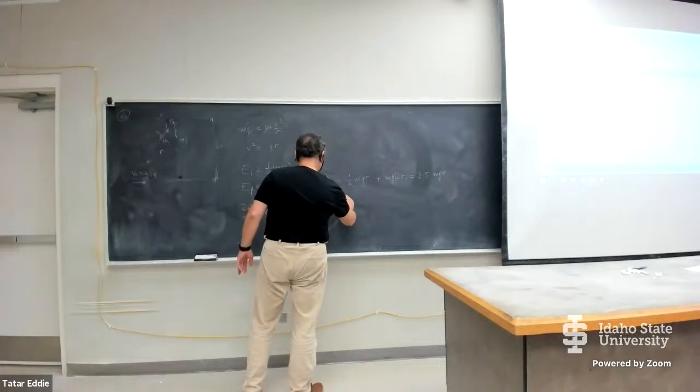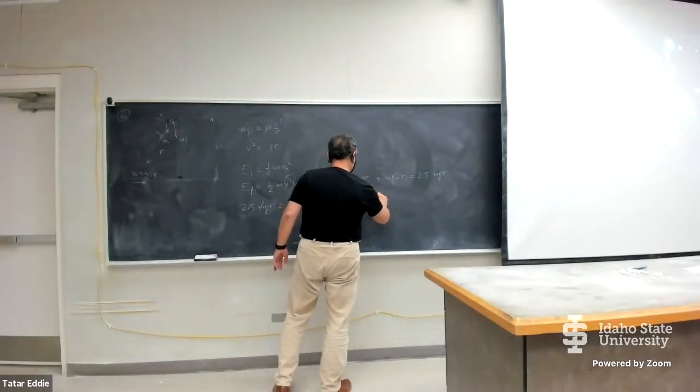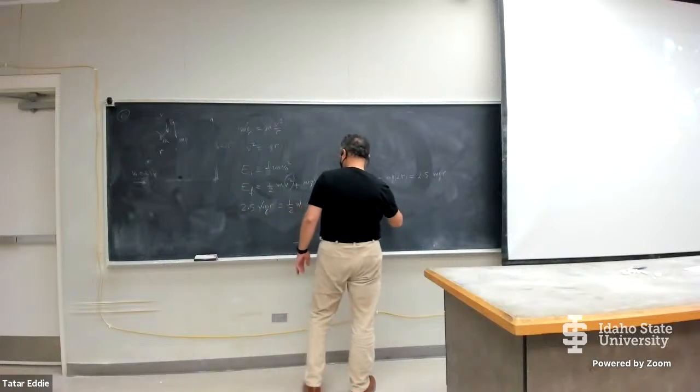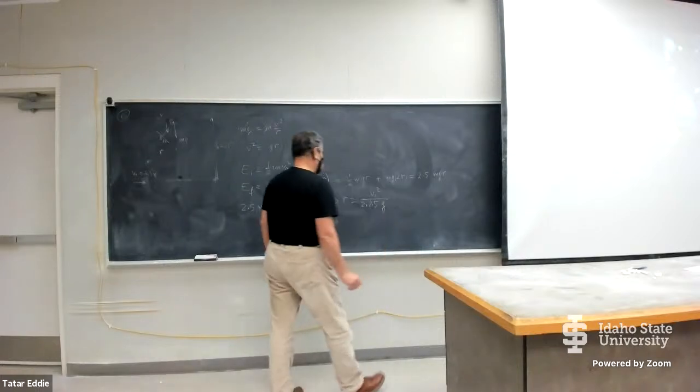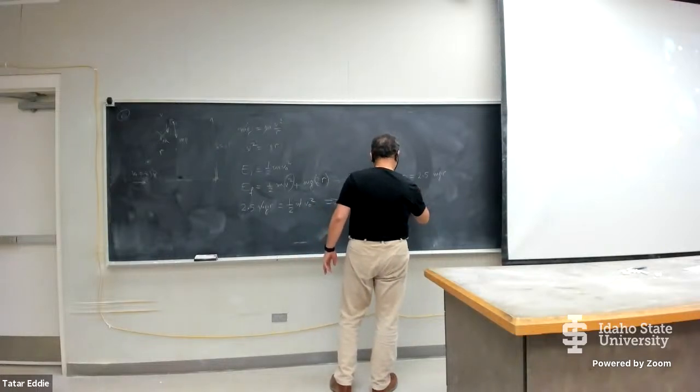Solving for the radius, you get R is equal to v naught squared divided by 2 multiplied by 2.5 multiplied by g. In other words, it's going to be v naught squared divided by 5 times g.